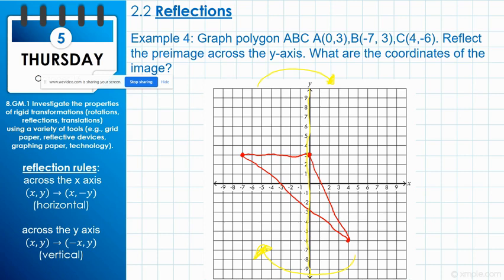So again, we're looking at these coordinates. A is 0, 3. B is negative 7, 3.